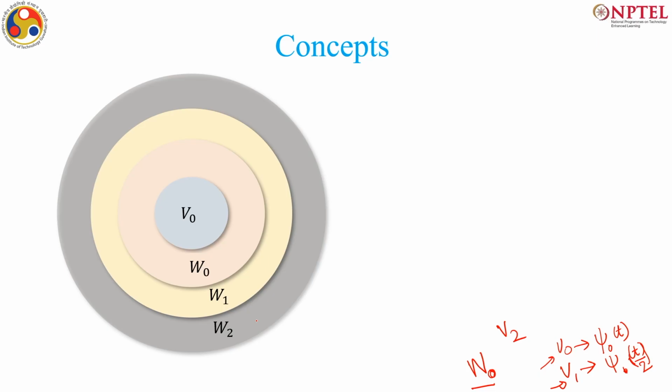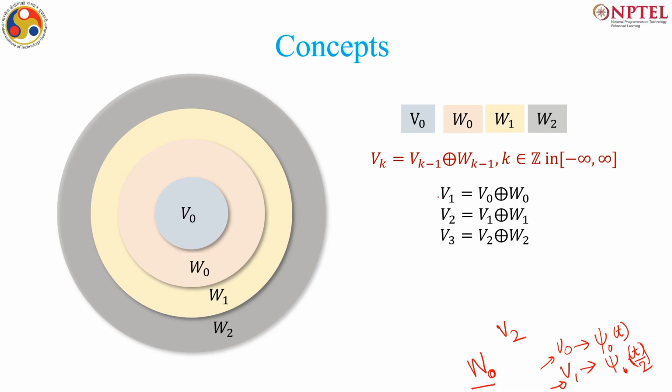And if you see the whole disk as such, it is my V3. So, V1 is this whole pink disk, which consists of the union of my V0, the bluish disk, and W0, the annular pinkish space. Similarly, V2 is the whole yellow disk, which comprises V1, the pink space, and then W1, which is this annular ring, and this is the recurrence relation.